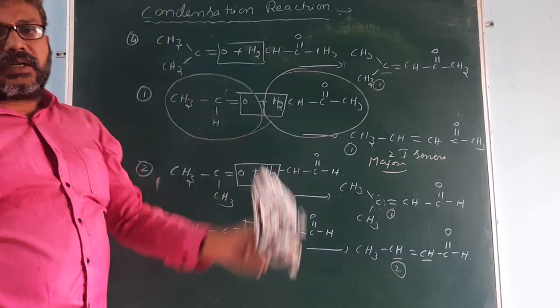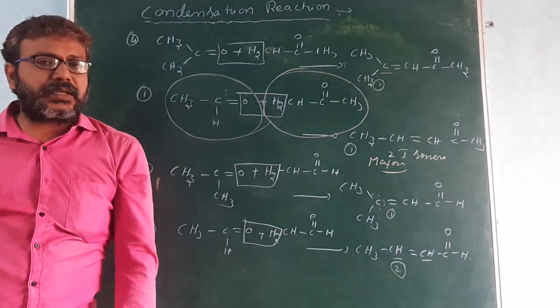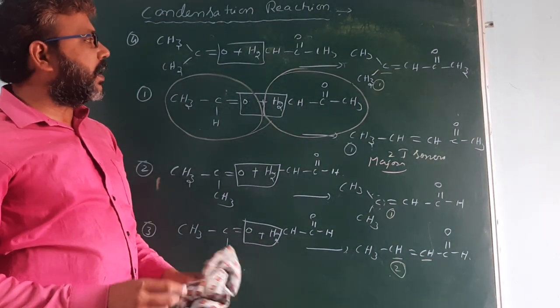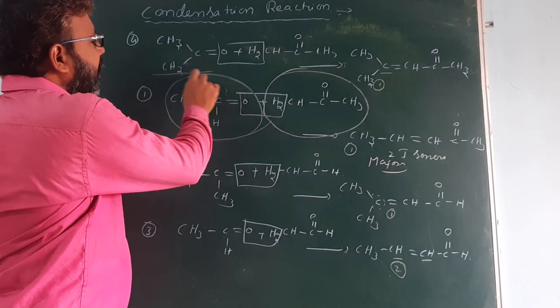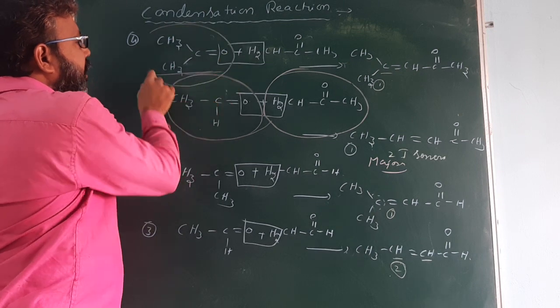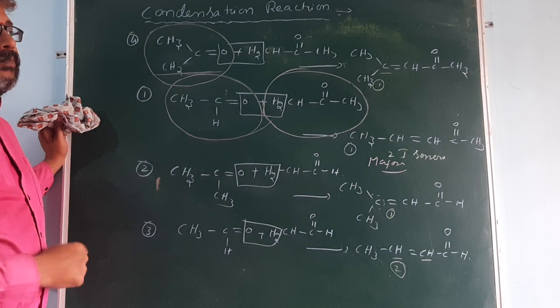Between crossed and self-aldol condensation, the crossed aldol condensation product is major. In this case, which product is minor? The last one: acetone is always a carbanion source, but here it is accepting the carbanion, acting as an acceptor.